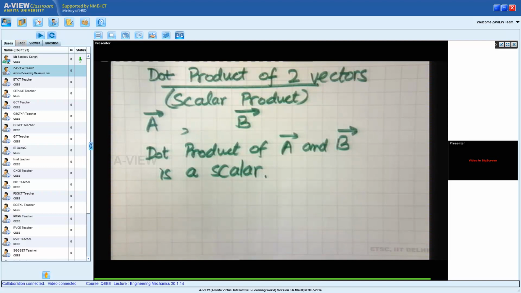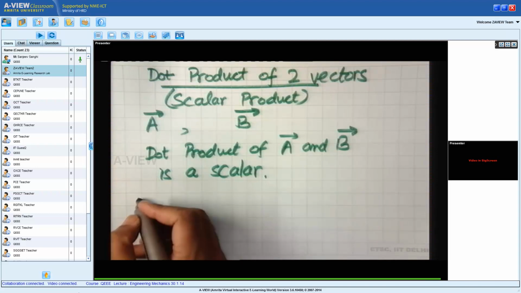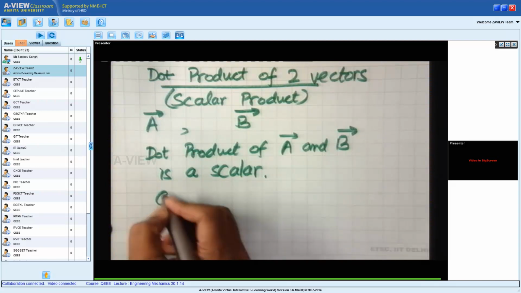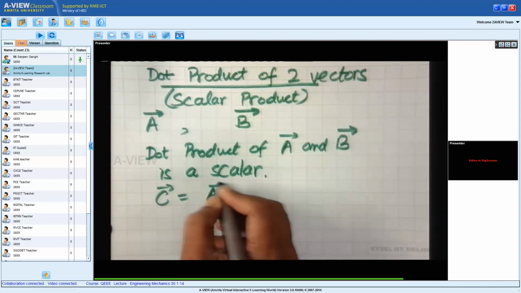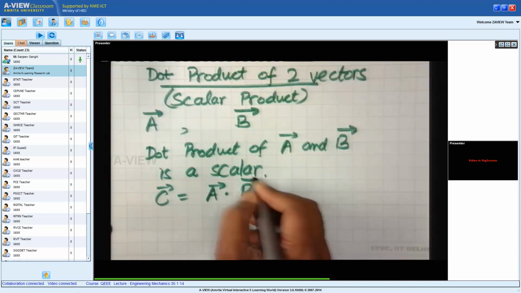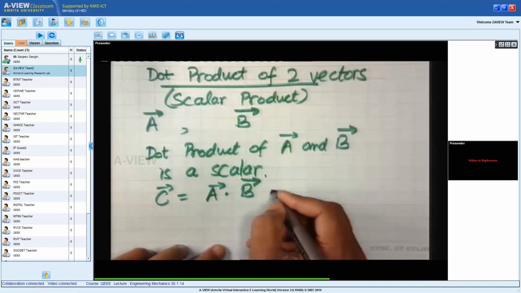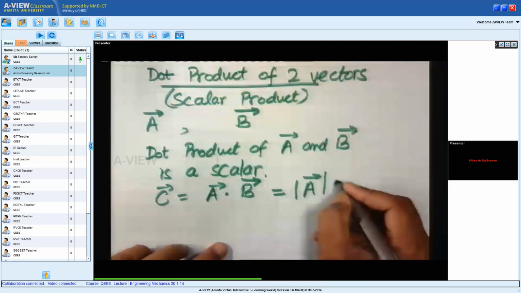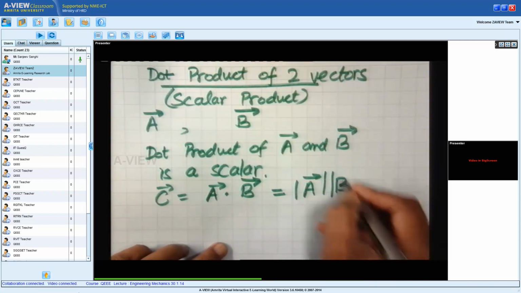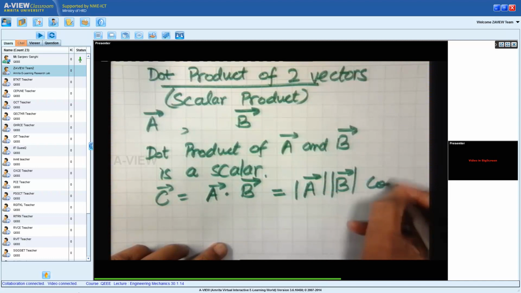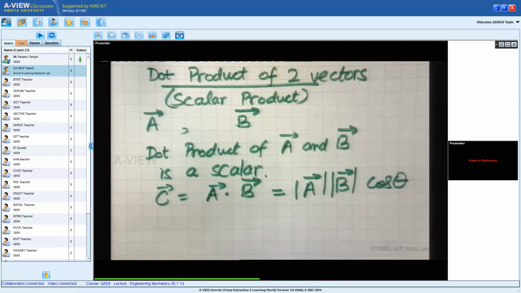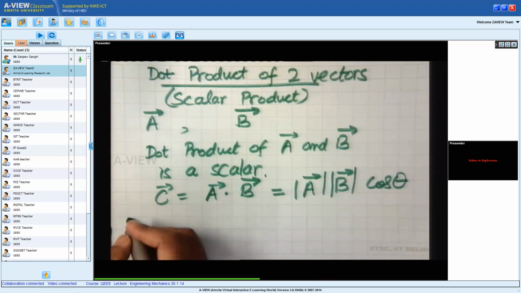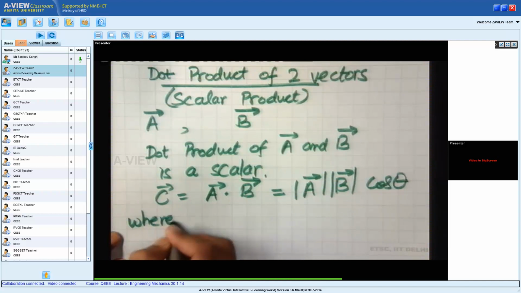This quantity is a scalar. So let us say C is equal to A dot B, that is how we write it, and this will be equal to the magnitude of A times the magnitude of B times cosine theta. And let's introduce what theta is.